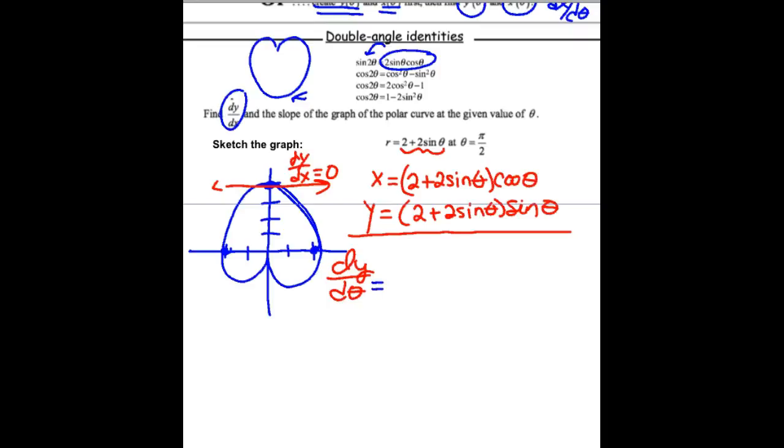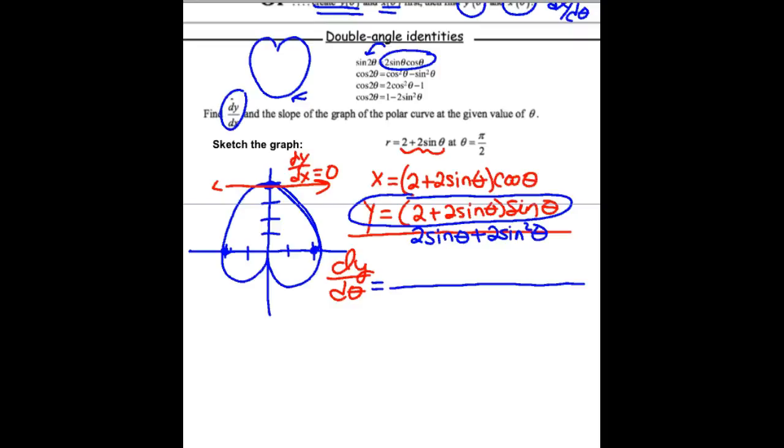How is the best way for me to take the derivative of this? You might say the product rule, and I kind of agree with you, and the product rule will certainly work, but I'm seeing that if I were to distribute that sine in and call it 2 sine theta plus 2 sine squared theta, my derivative might be a little easier, but it doesn't matter. So to take the derivative, I'm not even going to use the product rule on that.